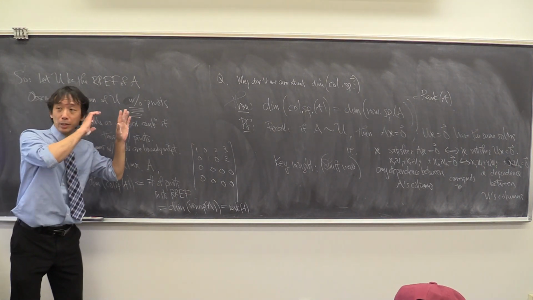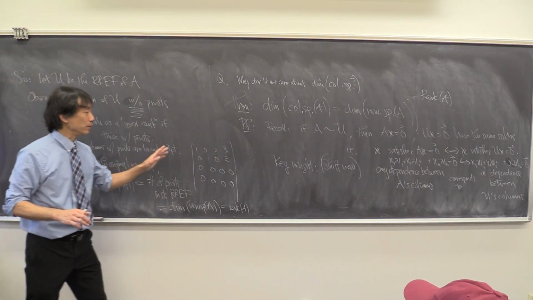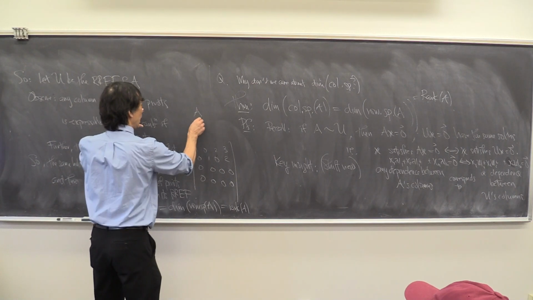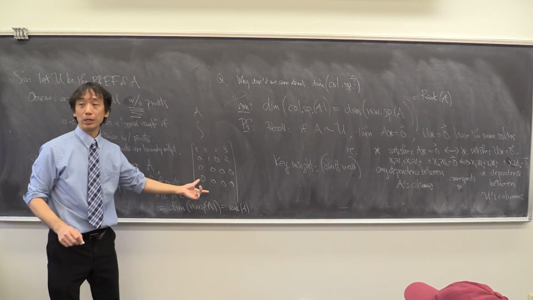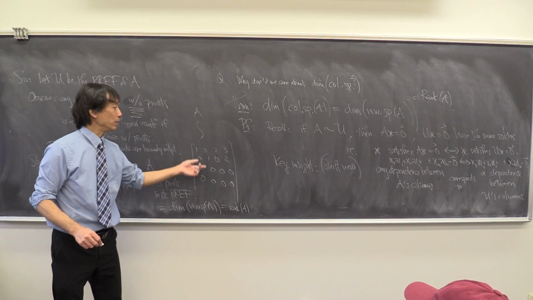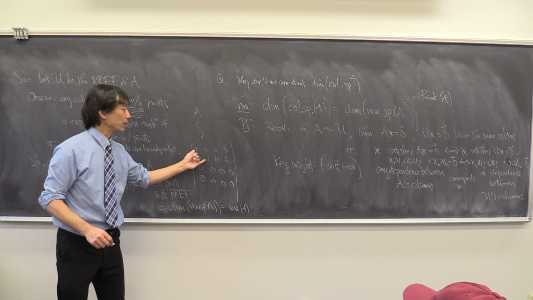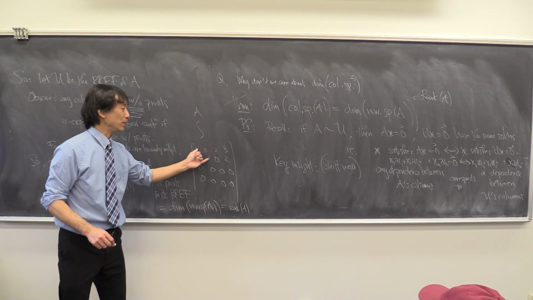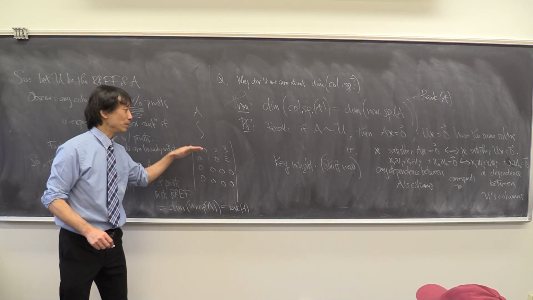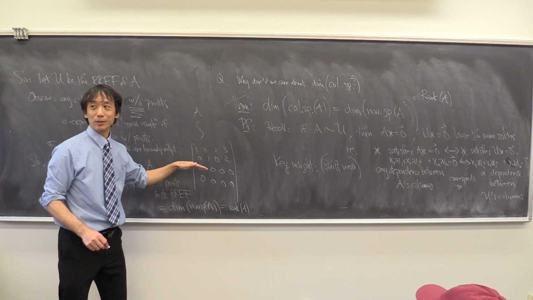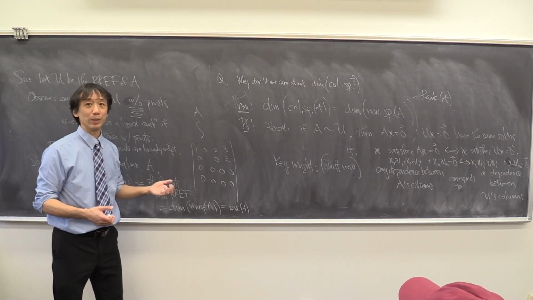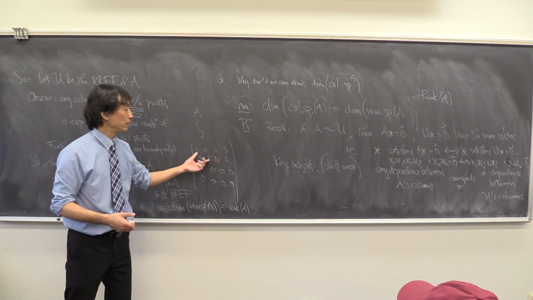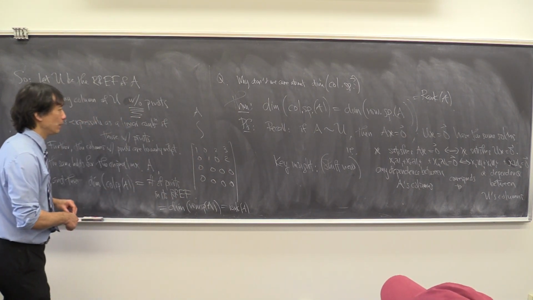So the point is this: if you take your matrix and reduce it down to its reduced row echelon form, the dimension of the column space is the number of pivots. But the dimension of the row space is also the number of pivots. And so the dimension of the column space and the dimension of the row space are the same.